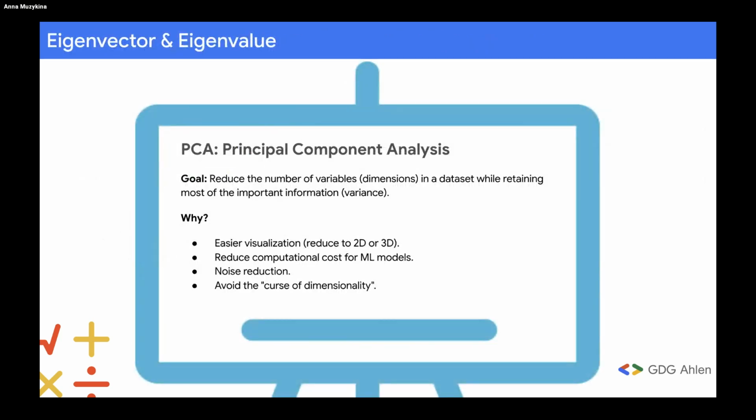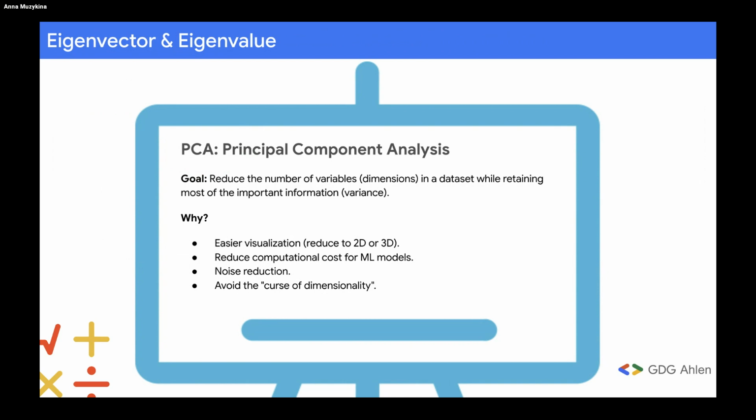Let's dive a bit deeper into one key application, PCA, or principal component analysis. Imagine you have a data set with many features, maybe dozens or hundreds of measurements for each data point. Working with such high-dimensional data can be difficult.